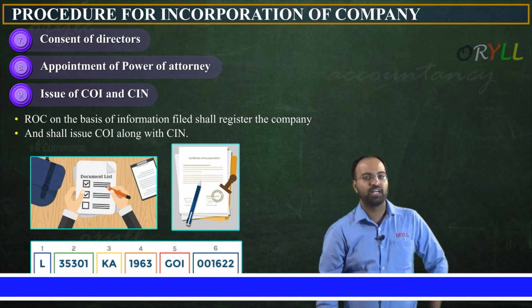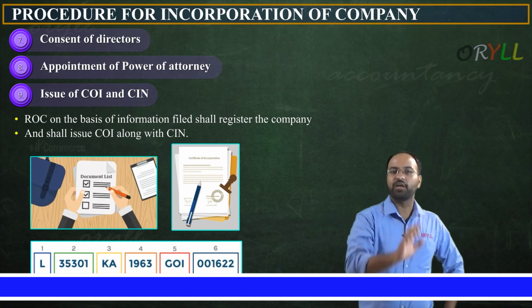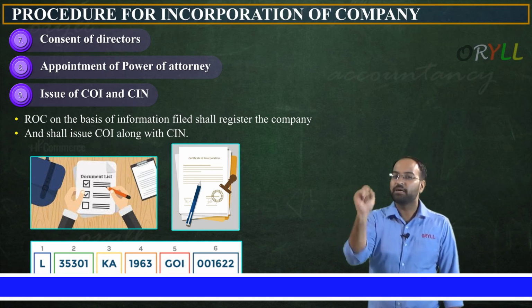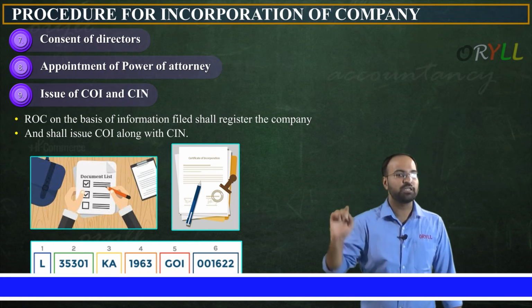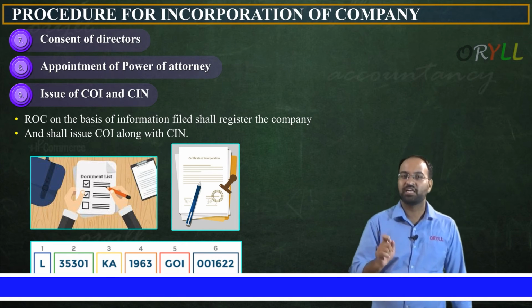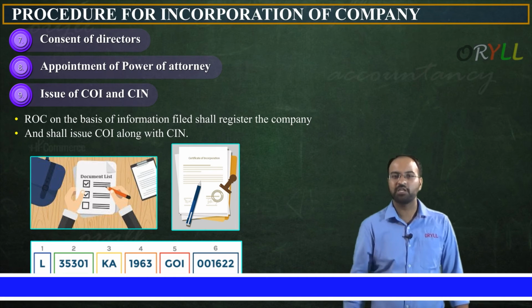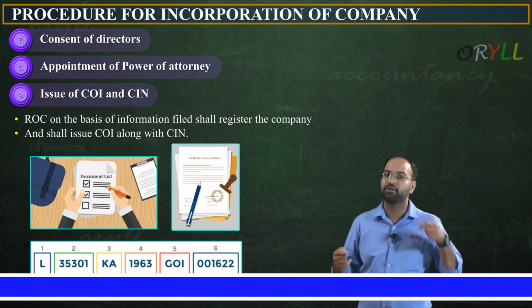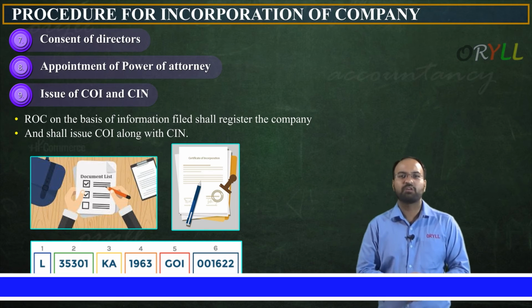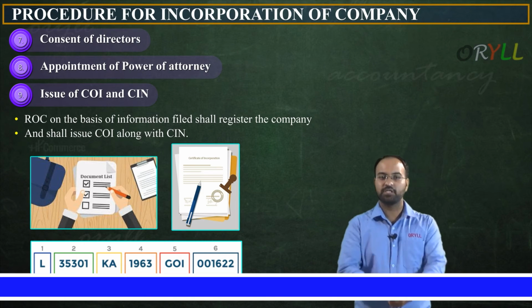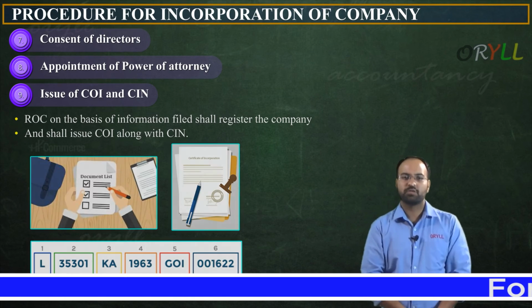That certificate is called a certificate of incorporation, along with a number called the corporate identification number. In short form we call that a CIN, corporate identification number. Now your company will have one number also, called the corporate identification number. Got it? So this was the ninth step.